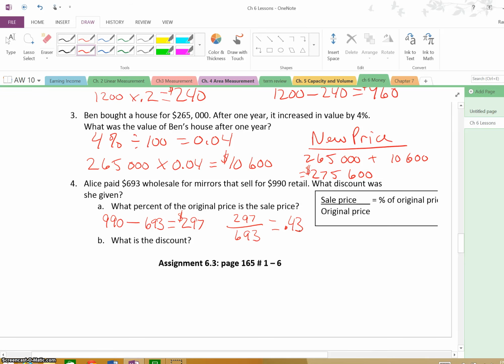And to find out what that is as a percent, you take the 0.43 and multiply it by 100, which is 43%. Okay? So she's upped her price from the original price by 43%.